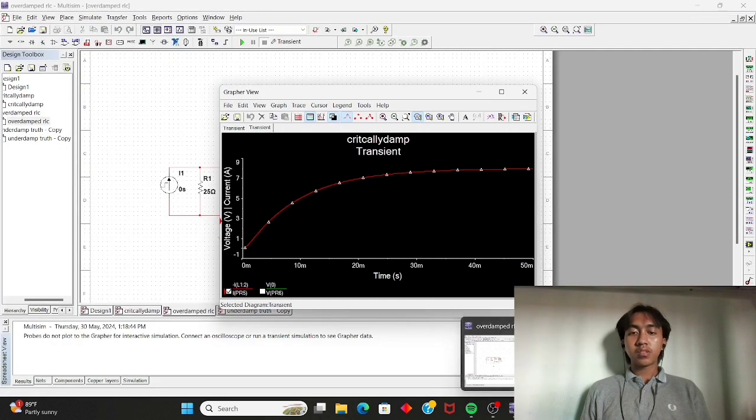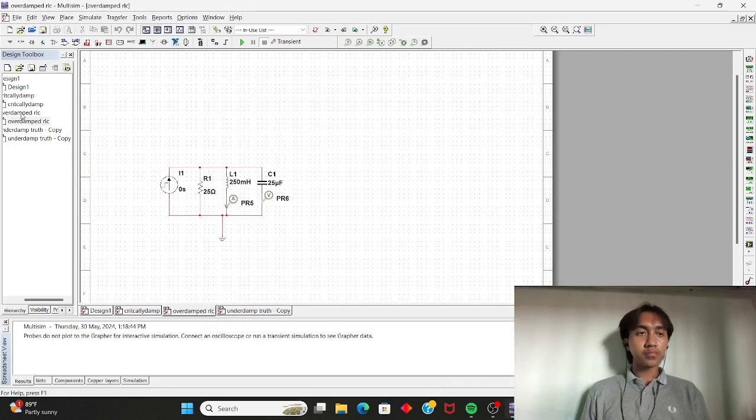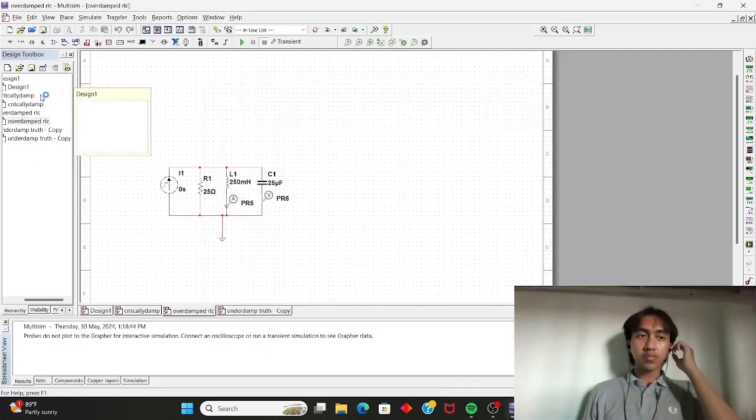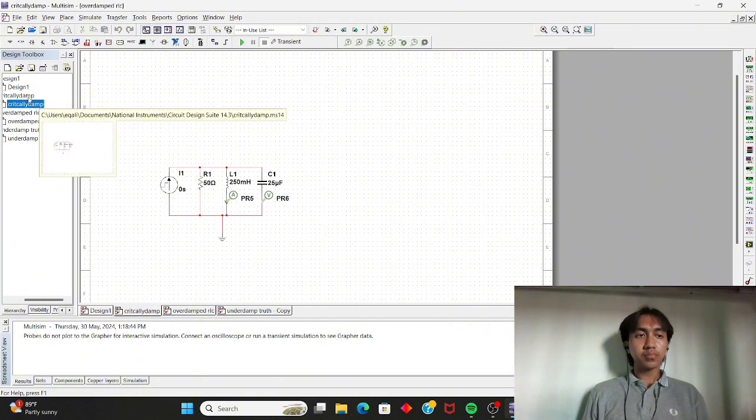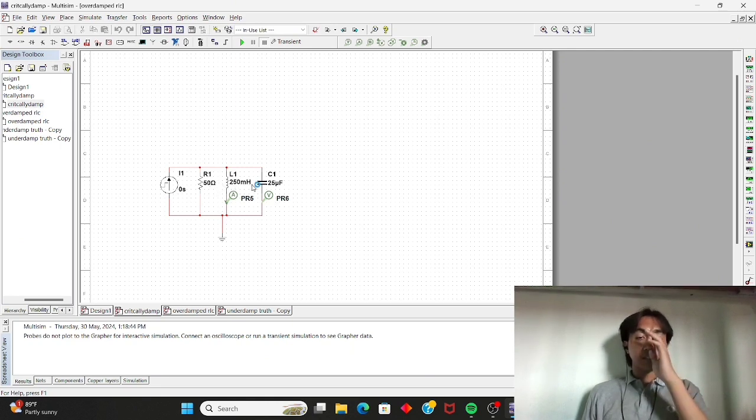From what I get from the circuit, I use Multisim. Firstly, I will do the critically damped case. For critically damped, I assume 50 ohm, 250 millihenry, and 25 microfarad.